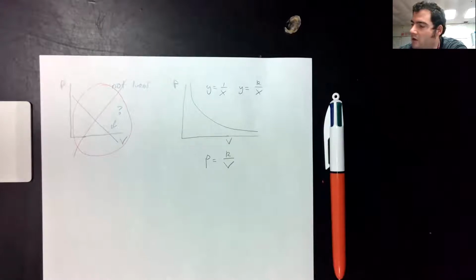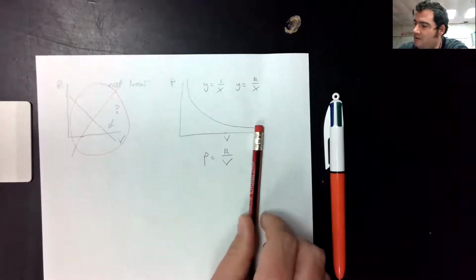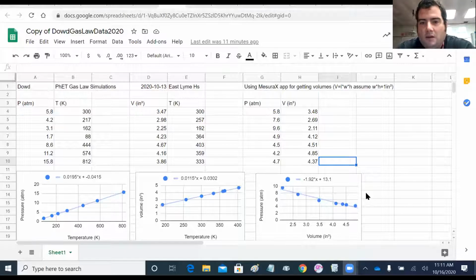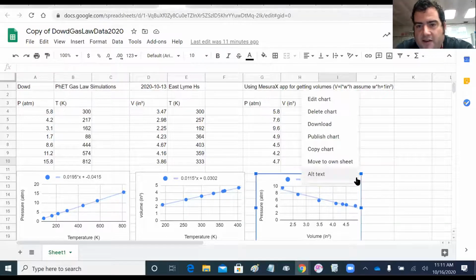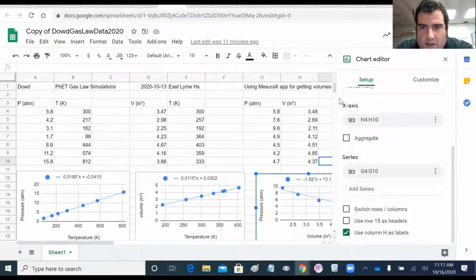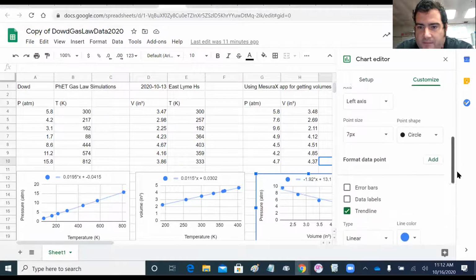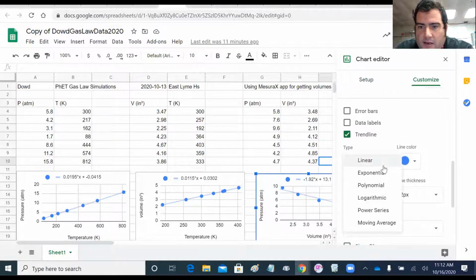So I want to see if I can fit a hyperbola to that data. It turns out that's not an option in most spreadsheet programs. So going back to my trend line, I don't really have a choice of hyperbolic.